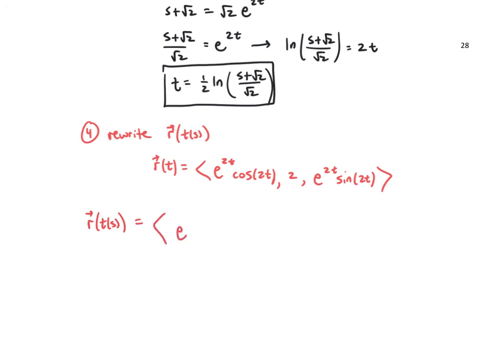So it'd be e to the power of natural log of s plus square root 2 over 2 cosine of the natural log of s plus square root 2 over square root 2, and then we have the same type of behavior here for this other one.